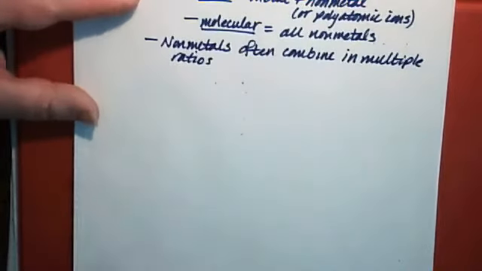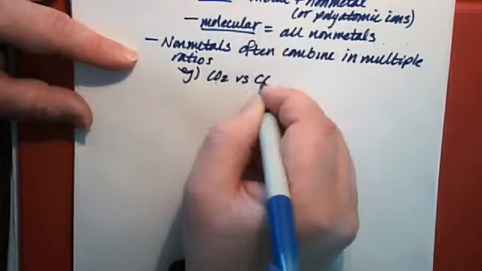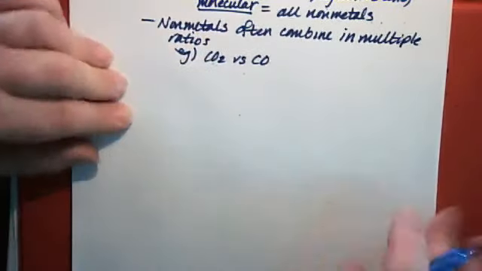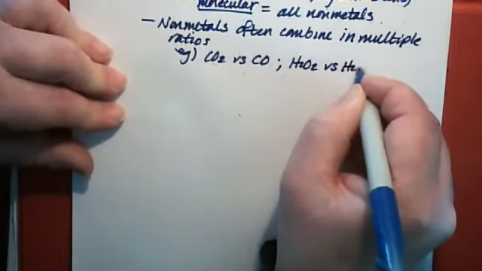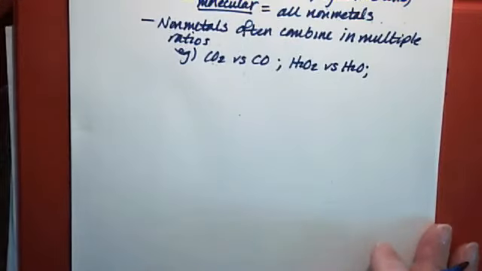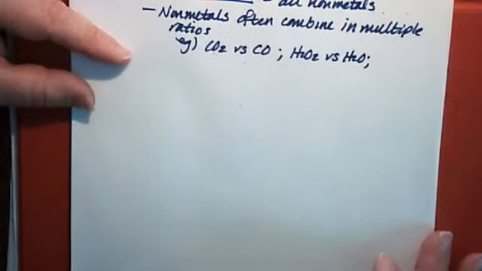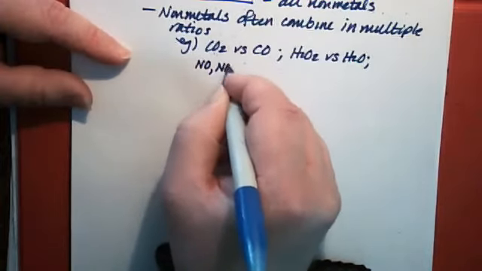Okay, and what we mean is carbon and oxygen can form CO2 or CO. Hydrogen and oxygen can form H2O2 or H2O. And even then, it might not be too bad if there are only 2 possibilities for any given combination of nonmetals. But in many cases, there are many different combinations possible.